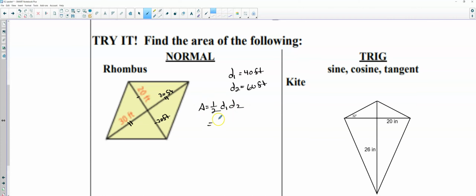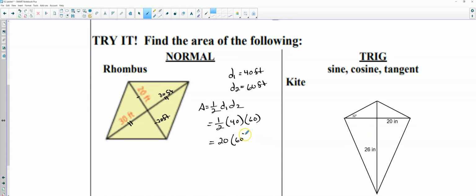Pretty simple. So it's half of 40 times 60. So you could do it either way. You could say 4 times 6, that's 24, so 240 divided by 2. You could do it that way, or you could say, well, we have half of 40, that's 20. And this is 60, so 20 times 60.